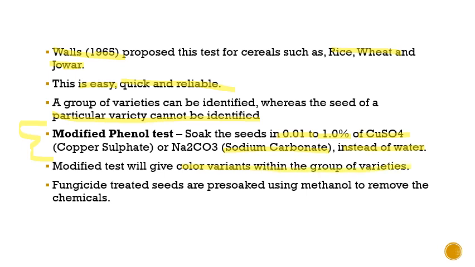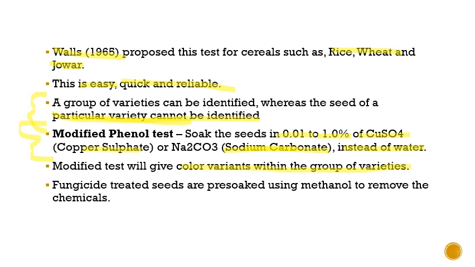Earlier I mentioned a drawback of the phenol test, that it cannot identify particular varieties categorized within a single group, as it is unable to give the color variation. But once you soak the seeds in sodium carbonate or copper sulfate, you can get color variance within the group of varieties.